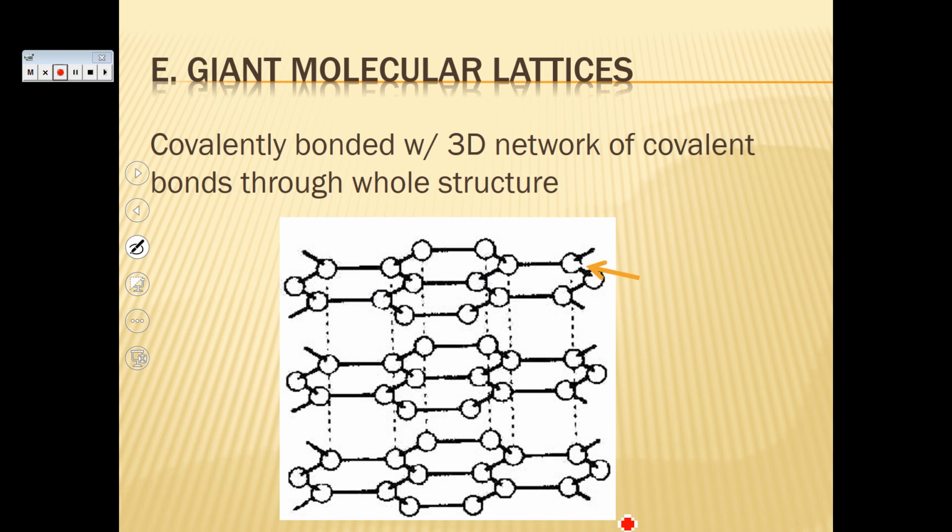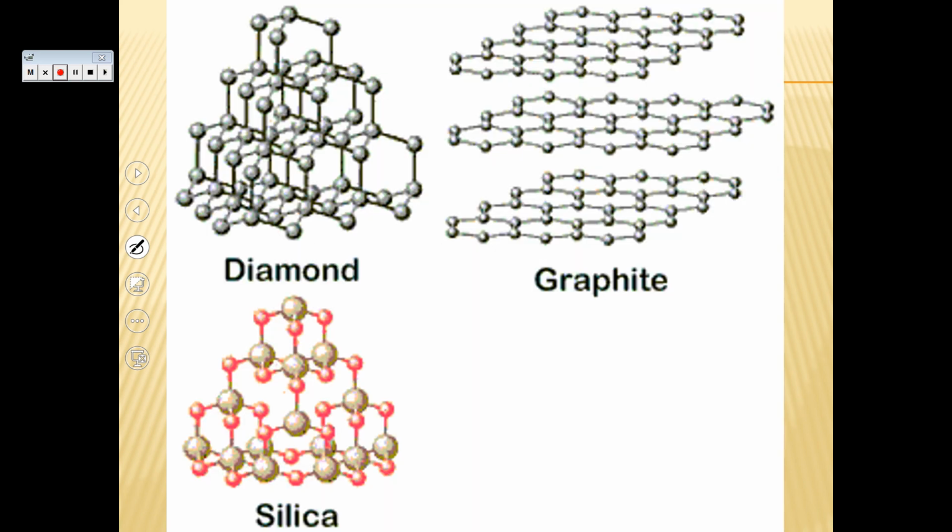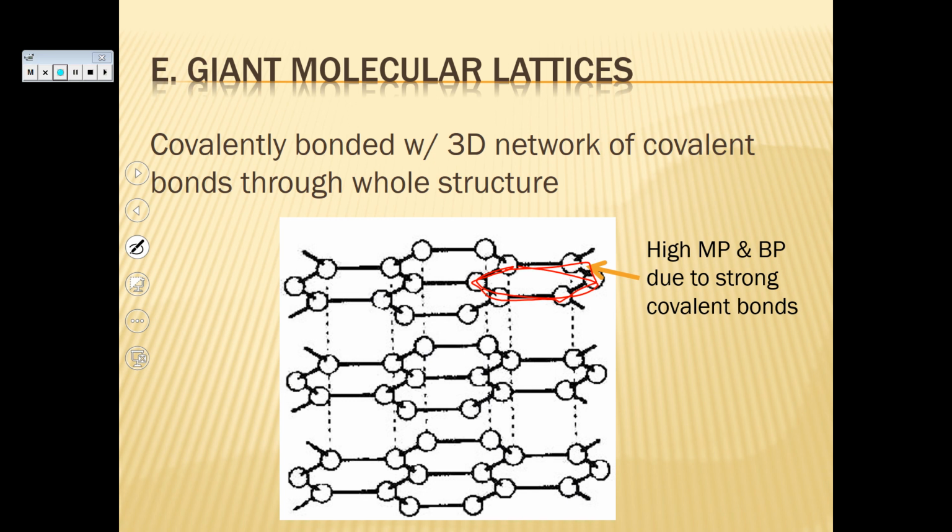This is an example of graphite. Those atoms are carbon atoms. They have high melting and boiling points due to the strong bonds between the carbon atoms, like in this hexagon layer right here. But remember that between this layer and this layer, there are very weak forces holding those layers together, which is why graphite is soft.